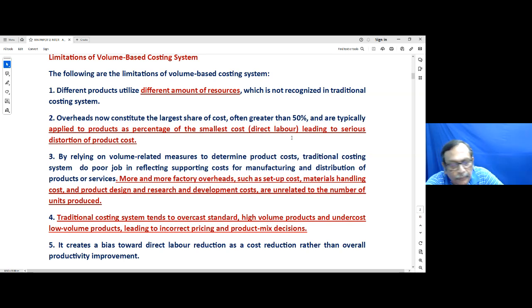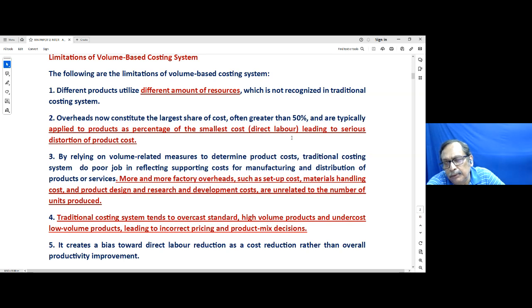Why I am telling you: say you are manufacturing three products, A, B and C. A's selling price is much more as compared to B and C, but A requires less labor hours, and B and C require more labor hours.